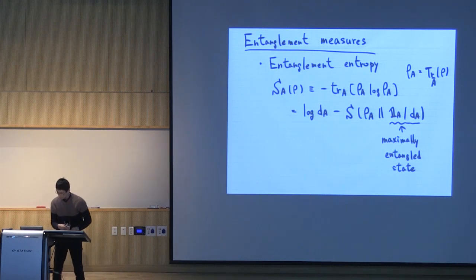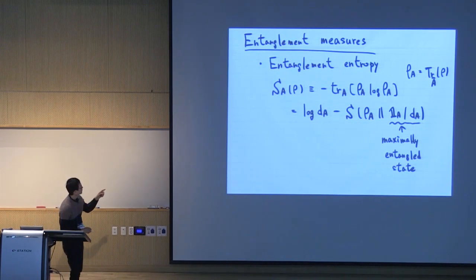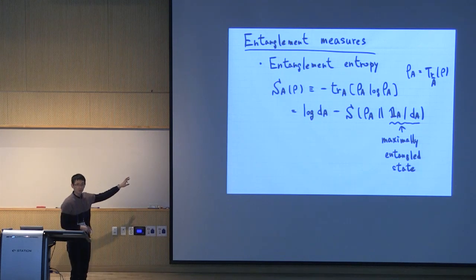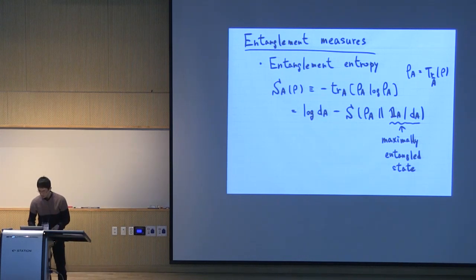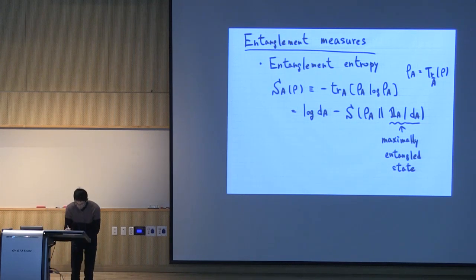So this is one interpretation. Of course it satisfies all the axioms I wrote on previous pages. And there is a very important property: the consequence of the monotonicity of relative entropy.